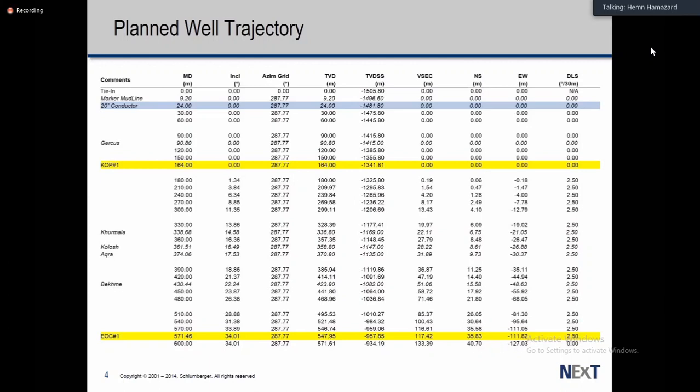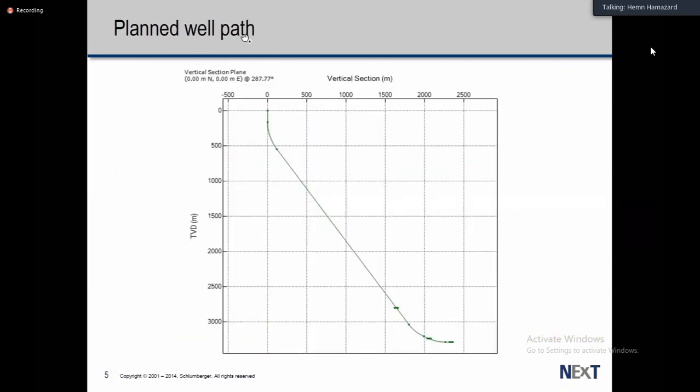And also we have the well path. This is the vertical section, which means this is a 2D profile of the well. Just imagine you take a look at the well from the side, you see how you are drilling this well. This well, for example, is vertical and then starts building.